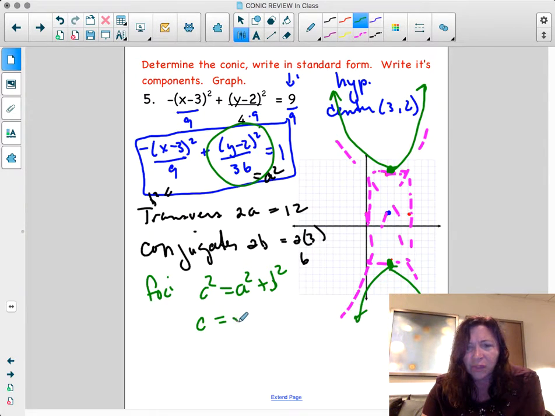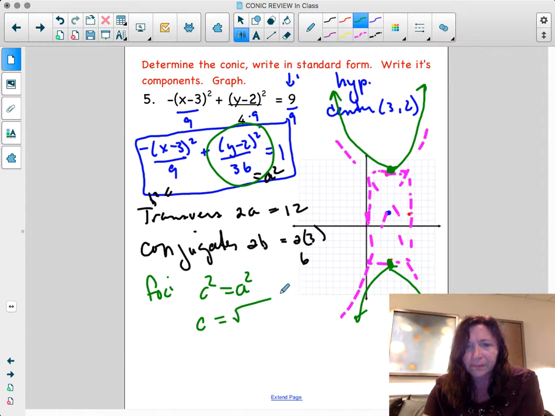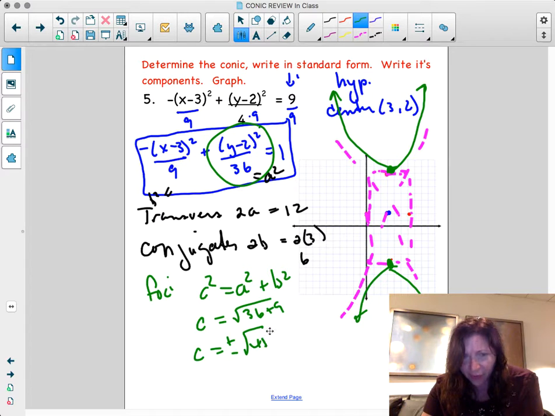C is equal to the square root of a squared plus b squared. C is equal to the square root of 36 plus 9, which is 45, so plus or minus square root of 45, which is going to be the square root of 9 times root 5, so 3 root 5, so plus or minus 3 root 5.